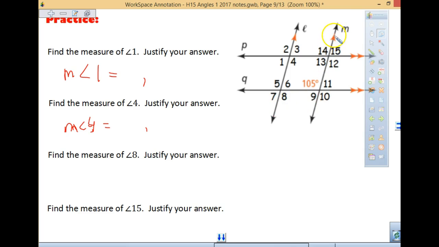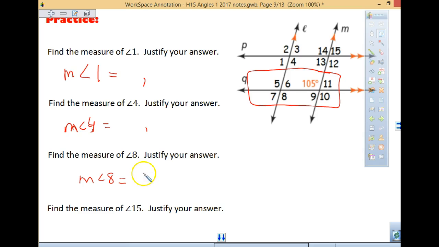These 2 lines are parallel. That's what this little marking tells me right here. So the measure of angle 8. What do I know about angle 8? If I was just looking at this part of my picture down here, what do I know about angle 8 and this 105 degrees? What kind of angles are they? Look back at your definitions.